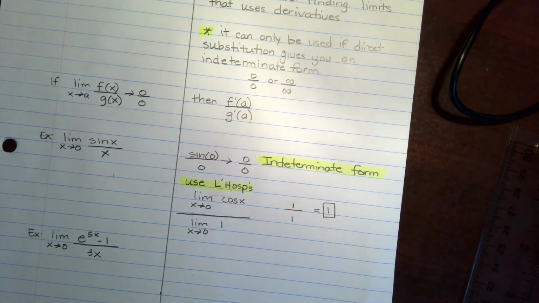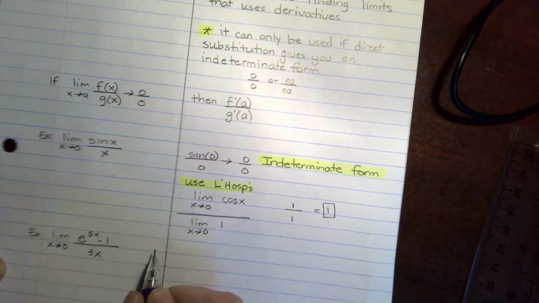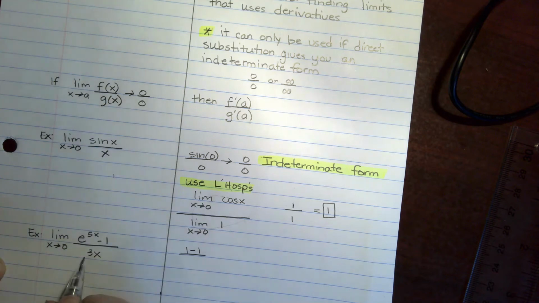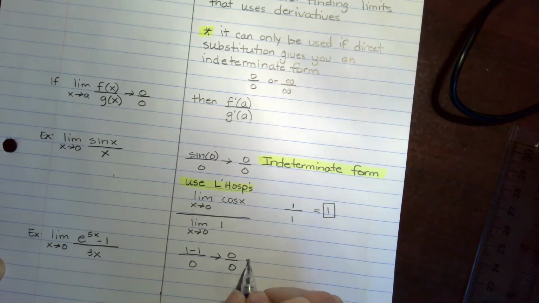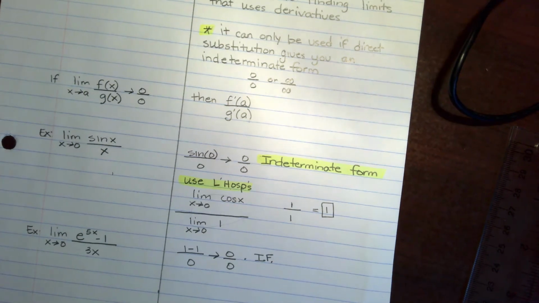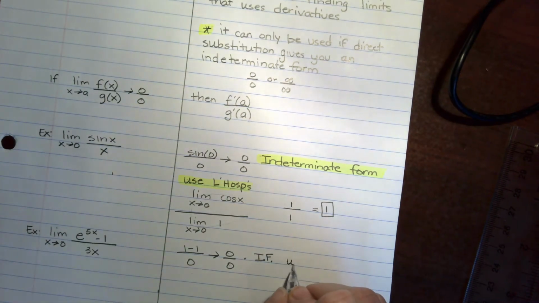So this would be e to the 0, which is 1, 1 minus 1 over 3 times 0, which is 0. You can go ahead and say indeterminate form. I'm going to let you do this for right now, because I just don't want to make this painful. So I've said that.